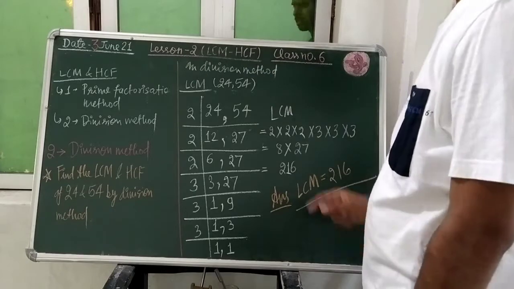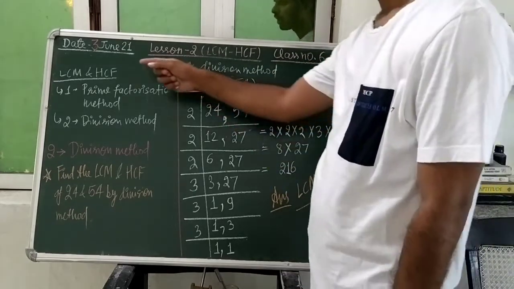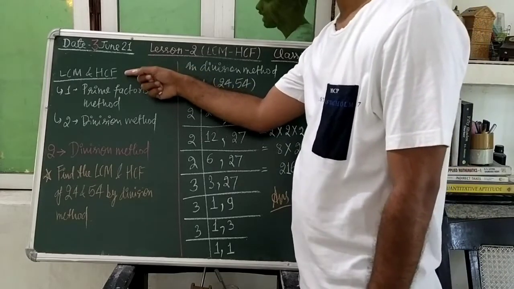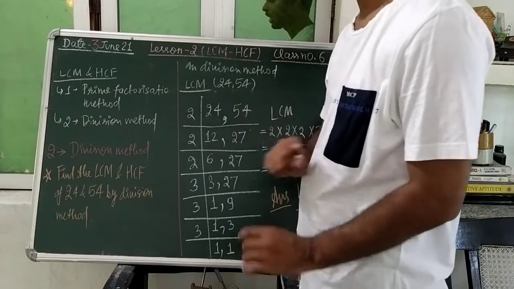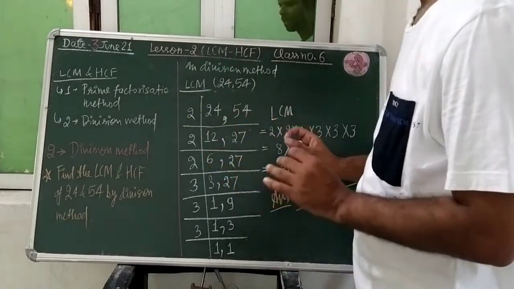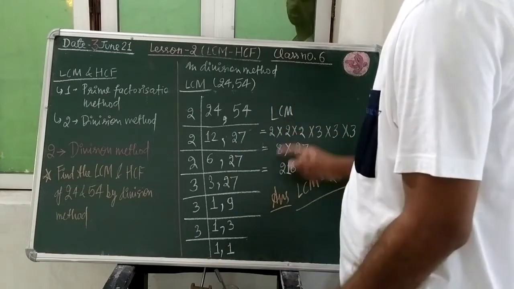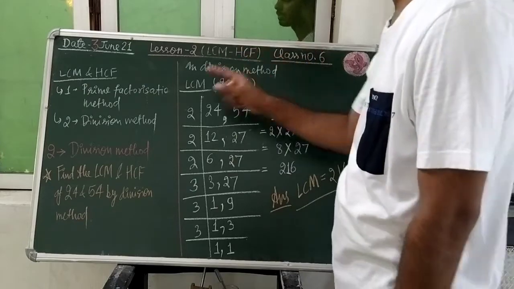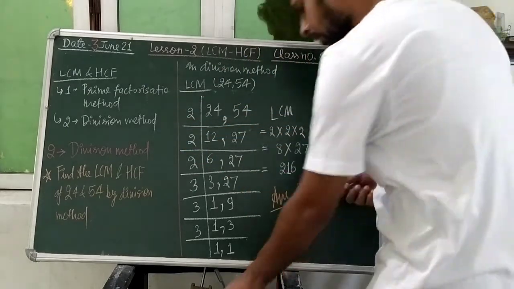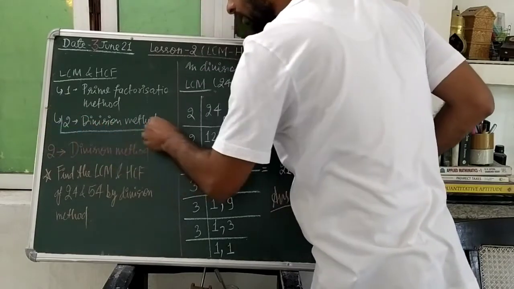In the earlier class number 6, we had seen that we were performing LCM and SCF, and one method we had completed sometime before. In class number 6 we were discussing the division method.